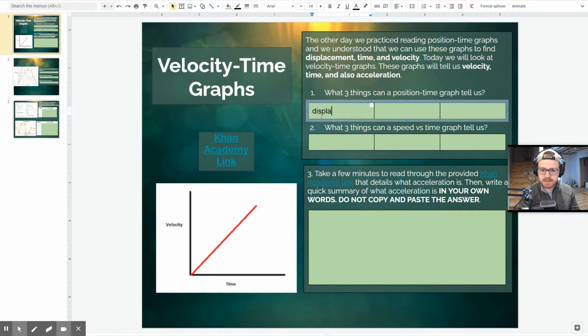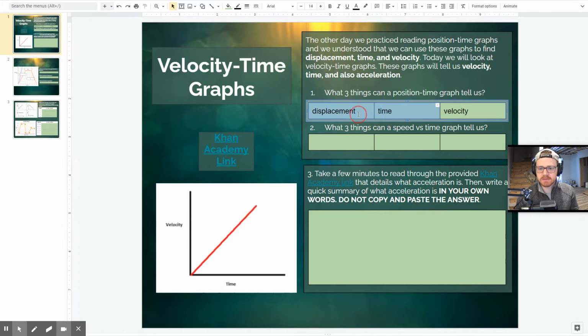It can tell us displacement, time, and velocity in a particular set of motion. We can see what the displacement was at this time, at what time the displacement was this, and between this time and this time, given the motion and the displacement we saw, what the velocity was. We can see all three of these here.